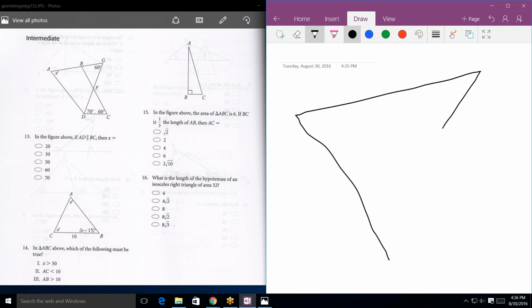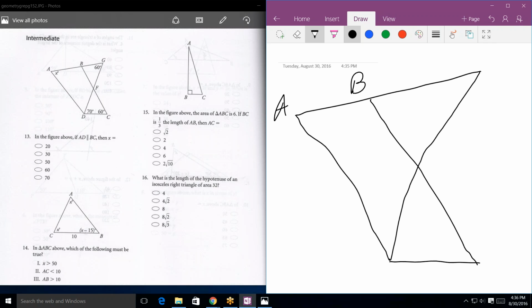Let me see if I can figure out how to draw this. I will draw it parallel as close as I can. Okay, so I'm going to be using a lot of properties here, and I might be doing the tedious way. If I'm wrong, correct me, but this is the way I'm thinking.